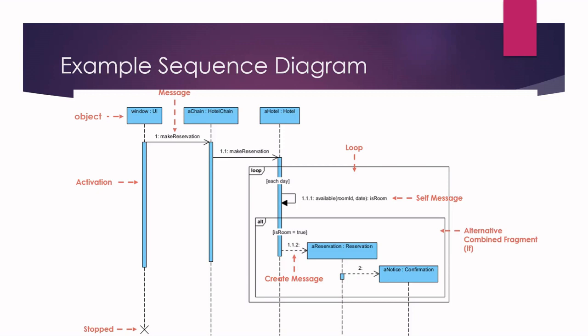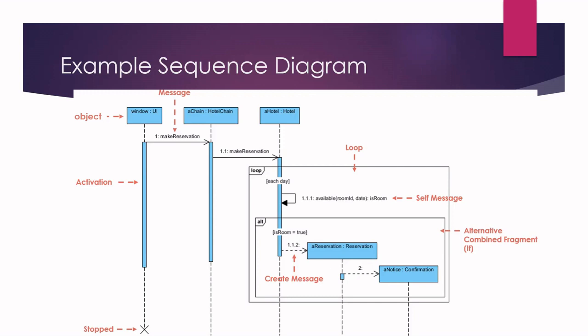Some of them are needed at the beginning. Some of them are not going to be created until later, or even not created at all. In that case, here we have an alternative. So we have a condition based on which we may create an object of reservation.